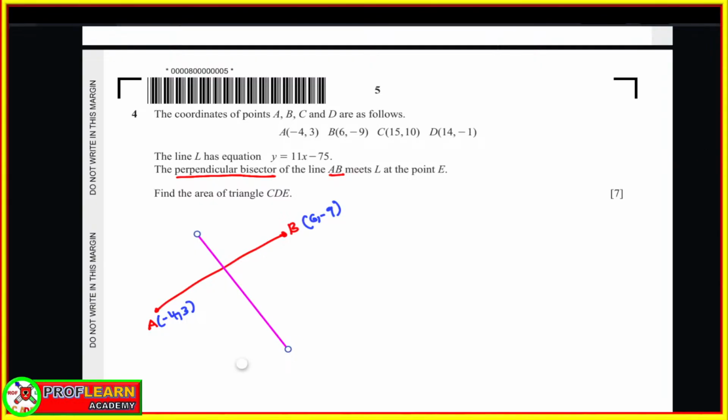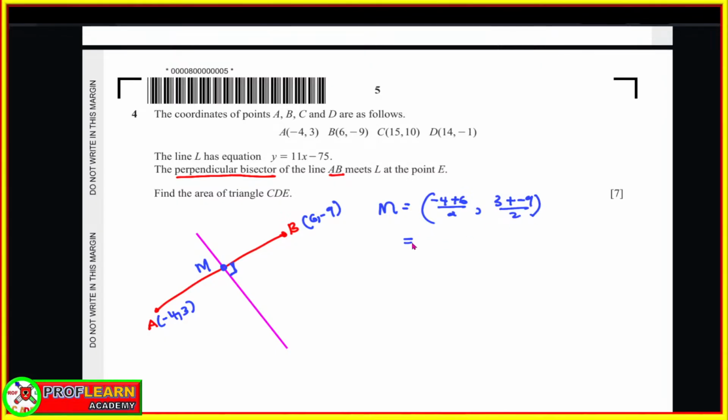This means that the point where this line cuts AB is going to be the midpoint of AB. So we need to find the coordinate of M in this case. M is going to be equal to (minus 4 plus 6) divided by 2, and (3 plus negative 9) divided by 2.